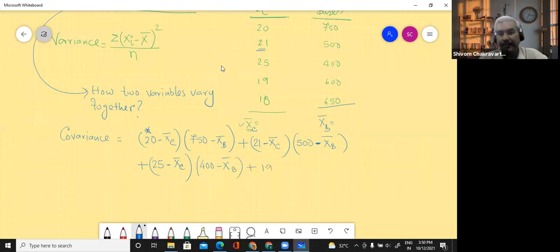Only two pairs left: 90 minus x bar C, that is its mean, and 600 minus its mean.